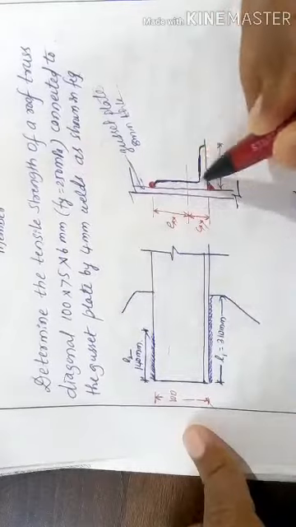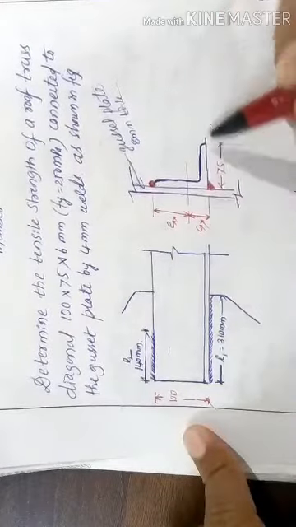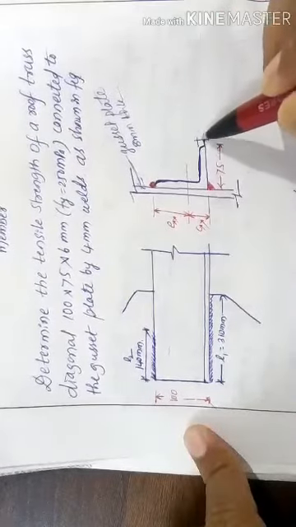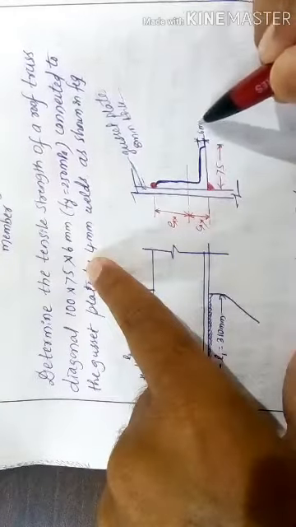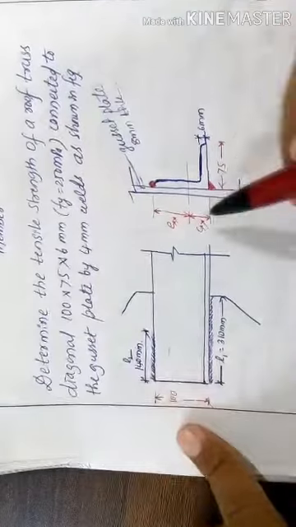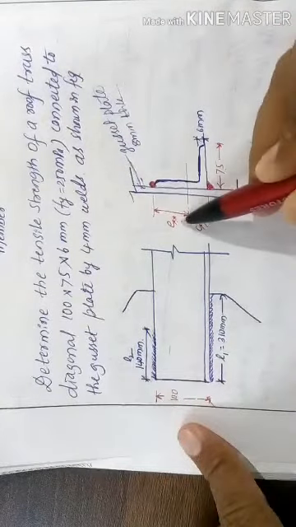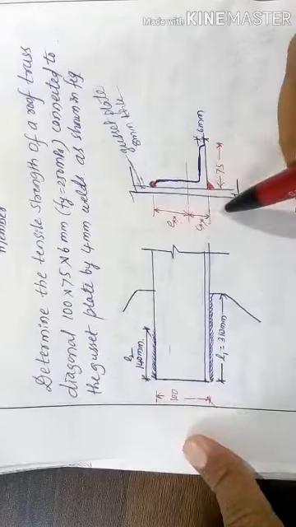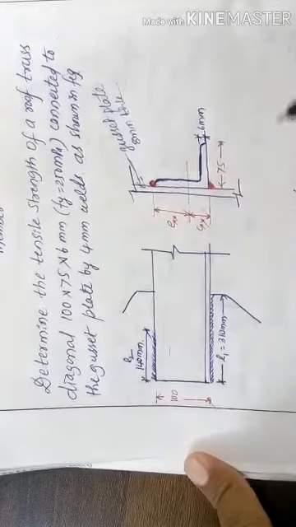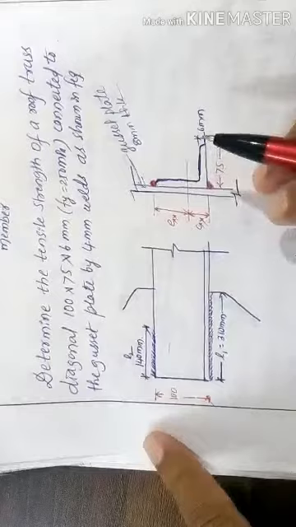And this is the angle section of 100 by 75 by 6 mm thickness. And this CXX and EXX, you will get from the steel table. You have to refer to the steel table.